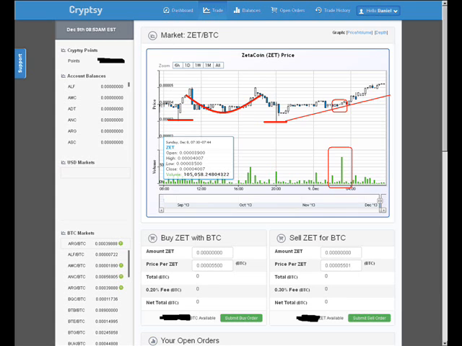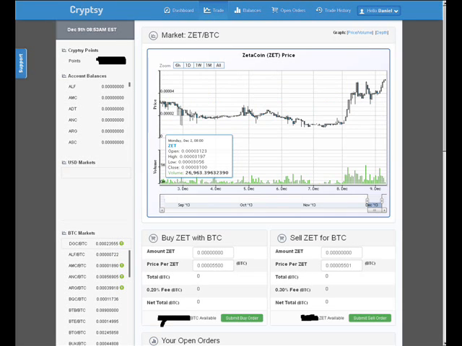Now, I'm gonna pull up another chart here, and in this one, we have quite a volume spike in the past 2 days compared to this trading of Zetacoin in the whole week.